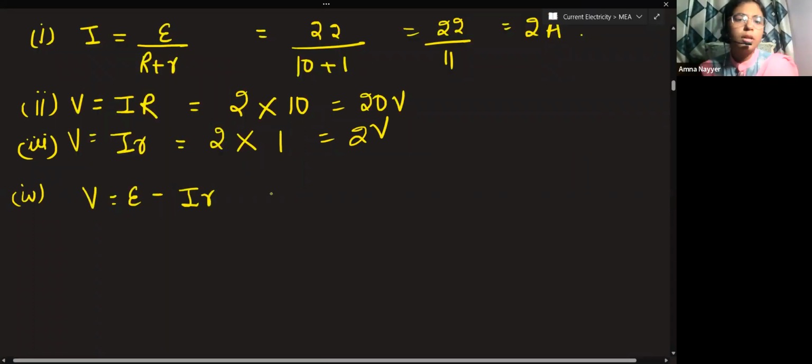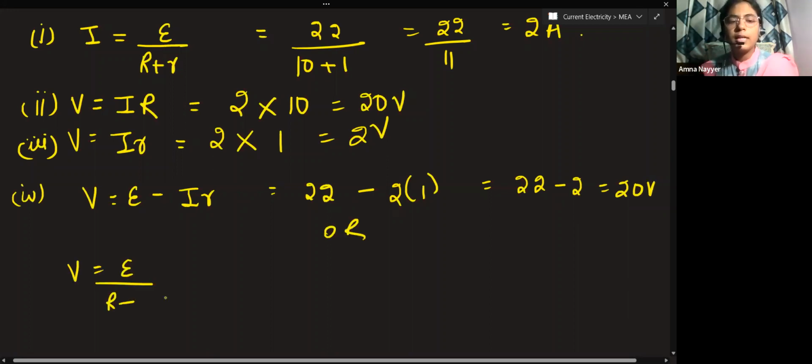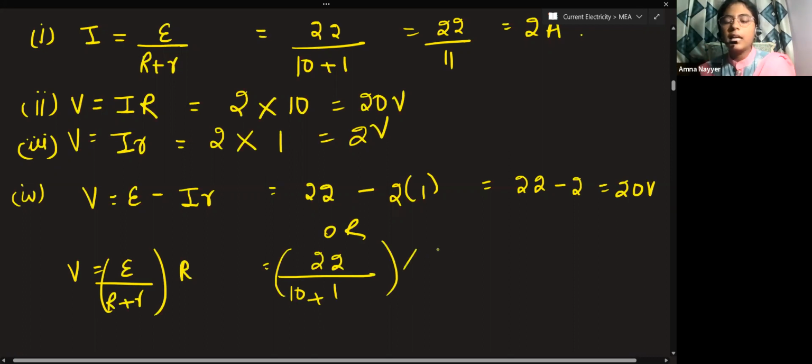So EMF is 22 minus Ir is 2. Or let's write 2 into 1 again. So that makes it 22 minus 2. That is 20 volt. Or even if we do it with the formula that we had started with, E divided by R plus r, multiplied by R. E is 22, capital R is 10, small r is 1, multiplied by capital R is 10.